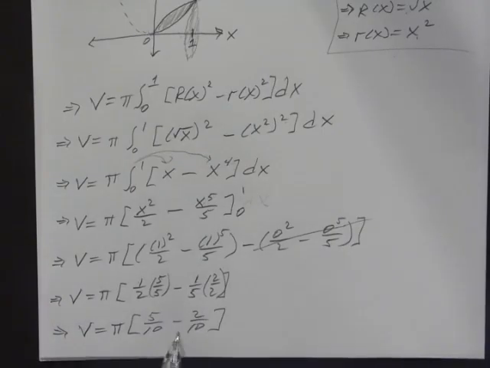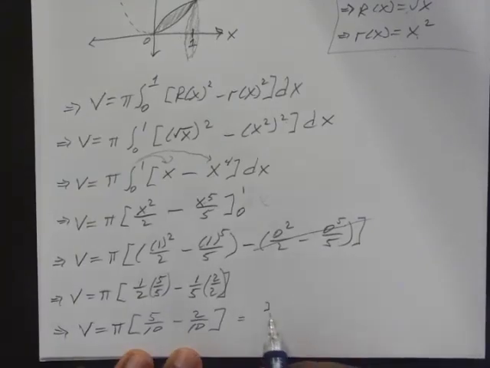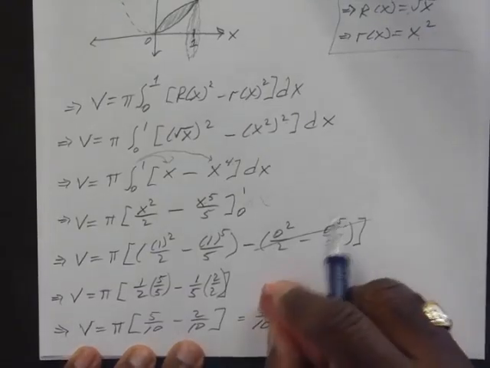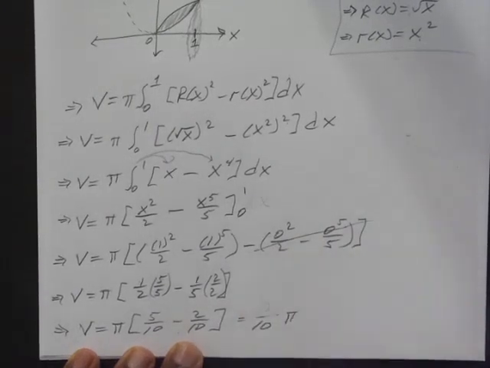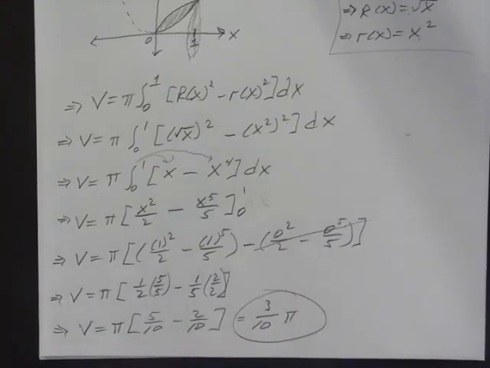Okay, so we have pi times 3/10, which is just 3/10 times pi, you could say 3 pi over 10. Same thing. And clean that up a little bit. There we go. All right. So any questions on that one?